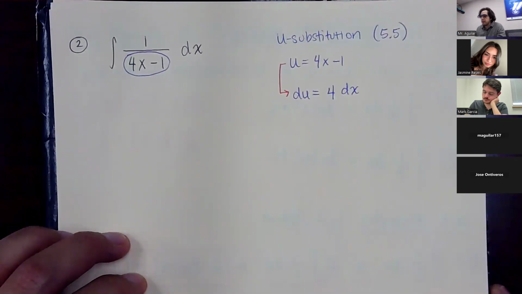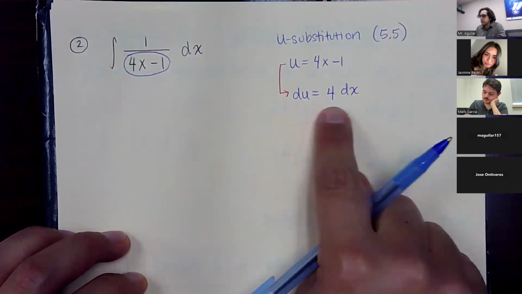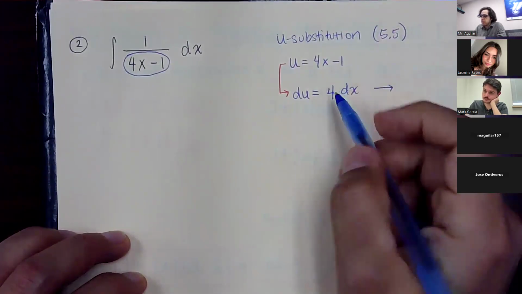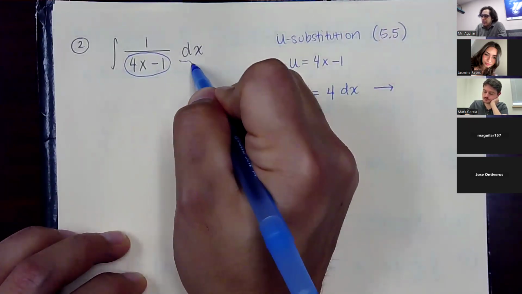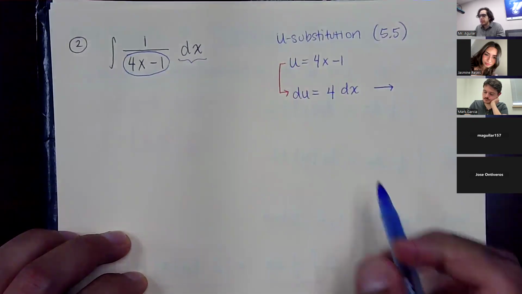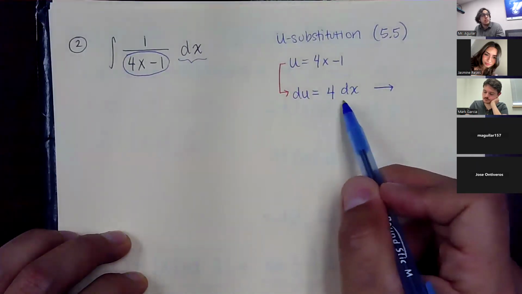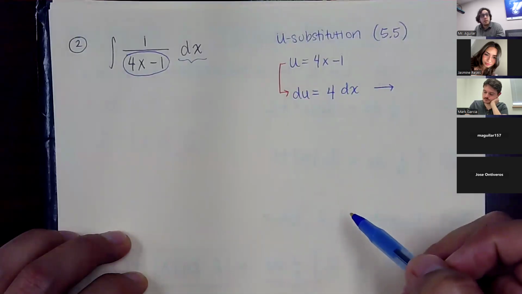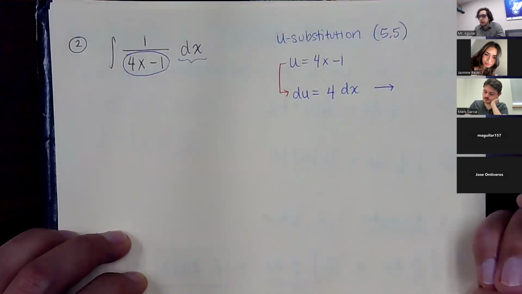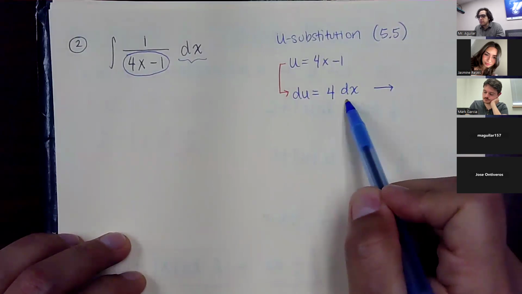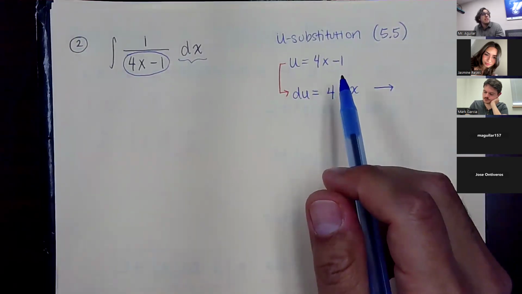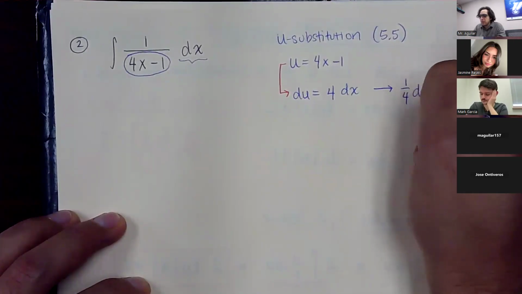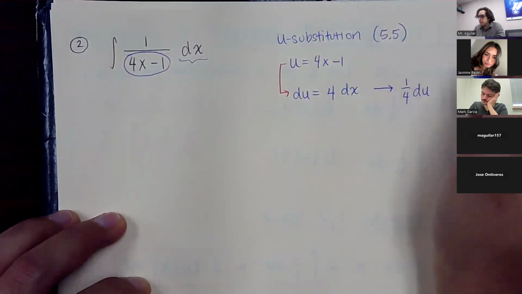And so du is equal to 4 dx, which, if we remind ourselves, we want to replace the dx in the problem, so we need to get dx by itself in this little equation. So how do I move the 4 over to the other side? Divide by 4. Okay, so we know to divide by 4, but you're going to start seeing me say, if we're dividing by 4, this is just going to be 1/4 du. Are you guys okay with that?